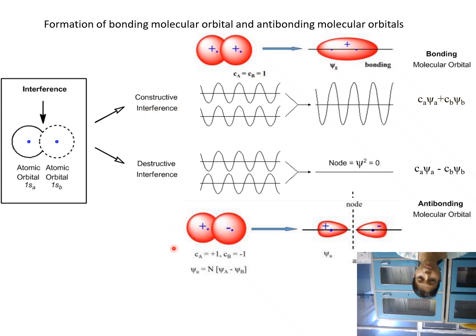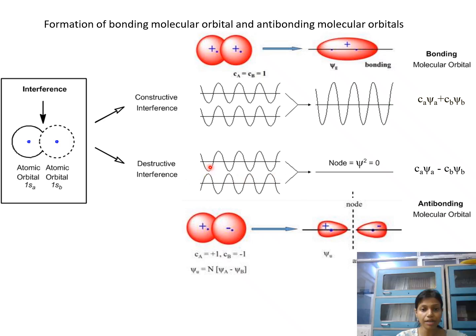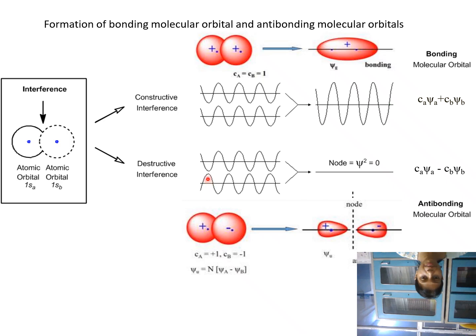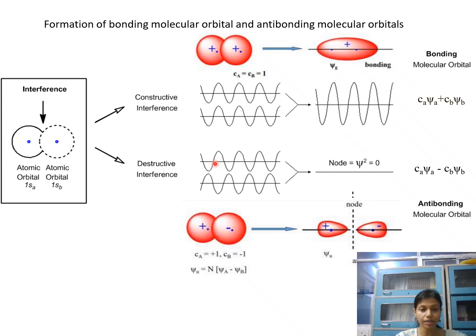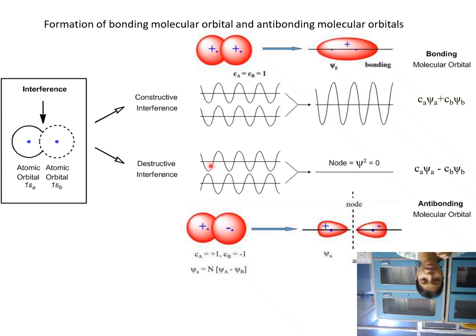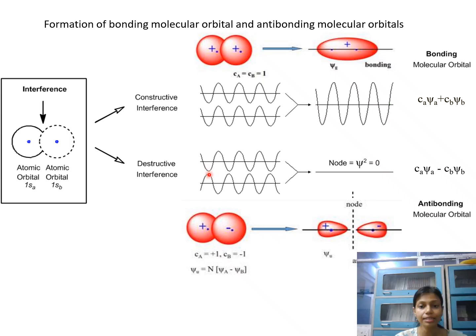But when the two atomic orbitals are in a different phase, okay, one is plus and one is minus. You see the picture of the wave function, how they are in a different phase. You can see this one has phase plus minus, and this one has minus plus in the same position. So when you overlap one atomic orbital with another one, they will cancel each other. The amplitudes will cancel each other.